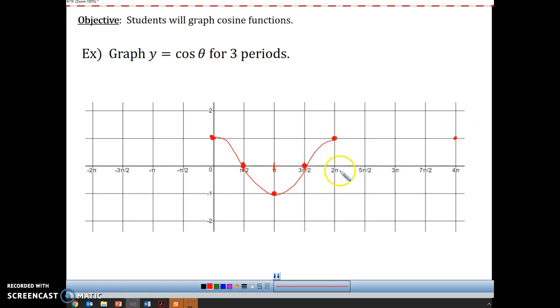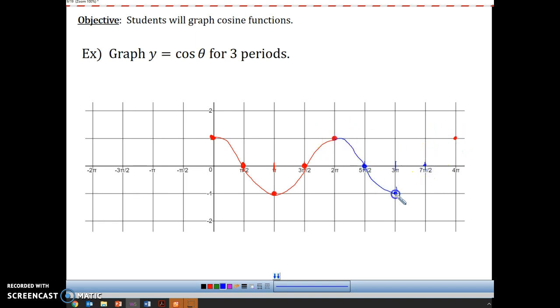Now, if I want to continue this, I'll draw another period. The way the graph is split up is conducive to each unit being a key point. So I go over, and this is going to be an intercept, minimum, intercept, maximum.